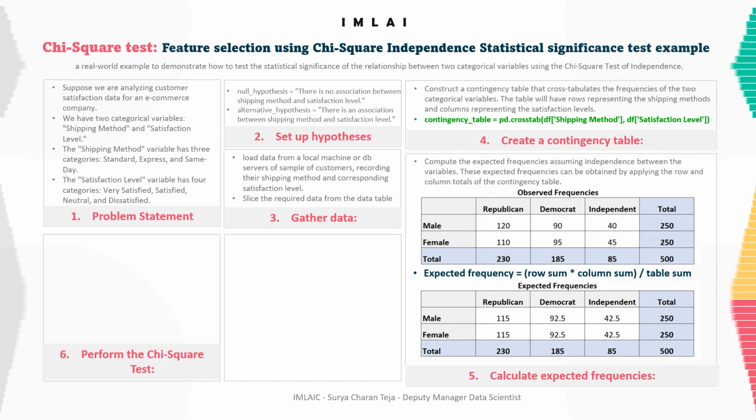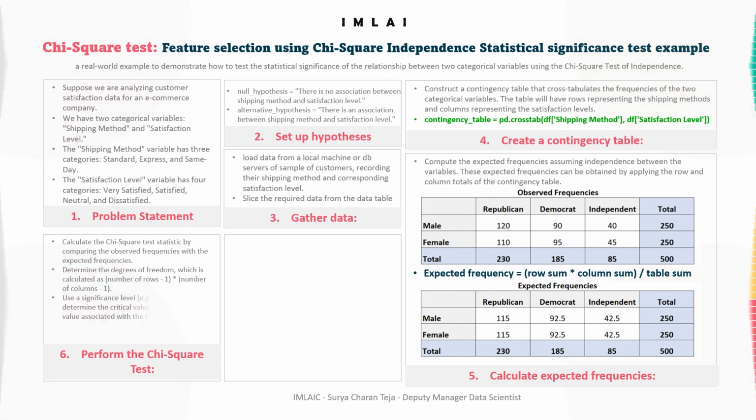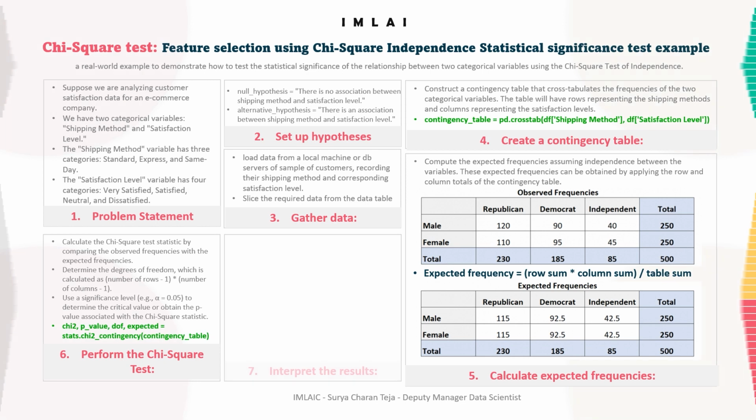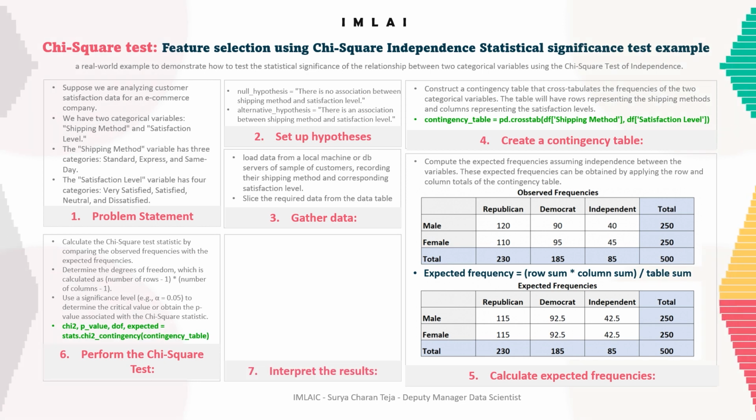Now we'll decide on the most important aspect, the significance level. I'll go with the 0.05 significance level to determine the critical value, or to obtain the p-value associated with the chi-square test statistic. The final step is to interpret the results.